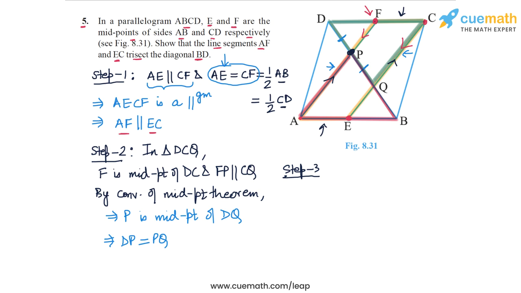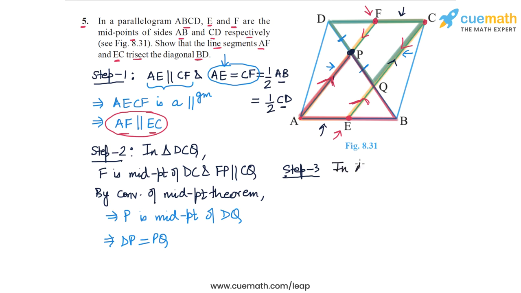Alright, so in this triangle, we have E as the midpoint of BA and EQ is parallel to AP. Why is EQ parallel to AP? Once again, because AF is parallel to EC and EQ is part of EC and AP is part of AF. So we can apply the converse of the midpoint theorem in this triangle as well.